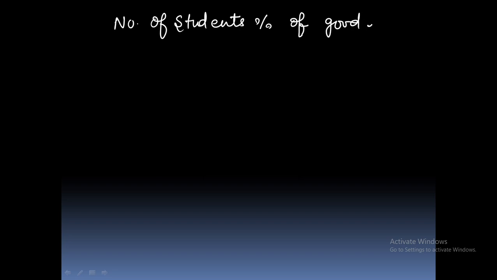For example, here we write the percentage of number of students good in mathematics. That is 72%.